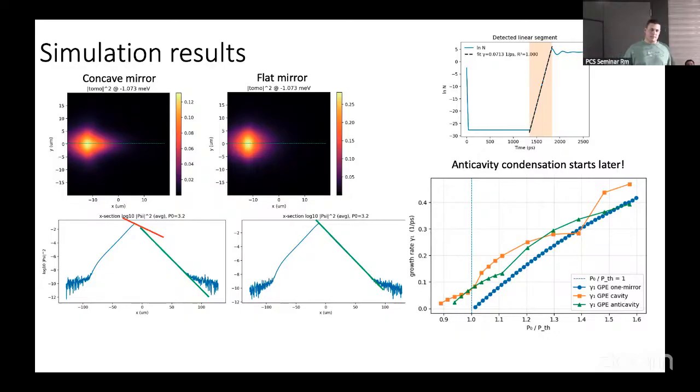So we expect that in that red area, the polariton condensate interaction will be bigger than for the flat mirror case.